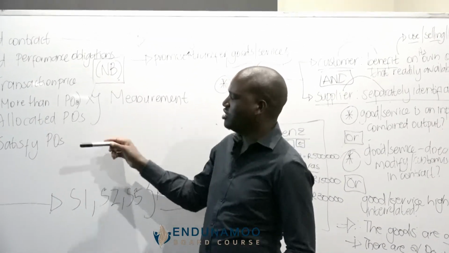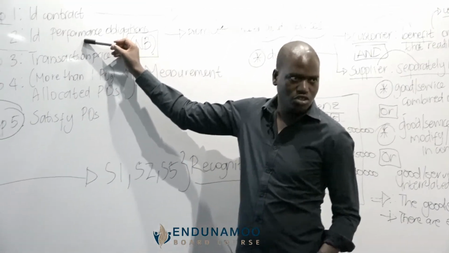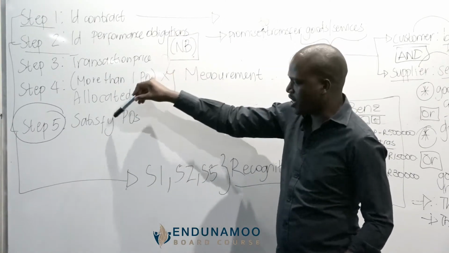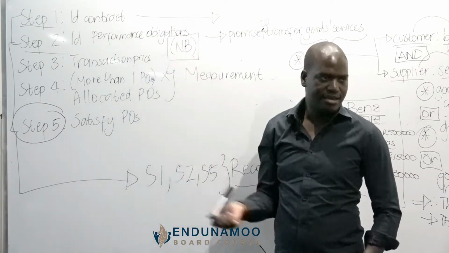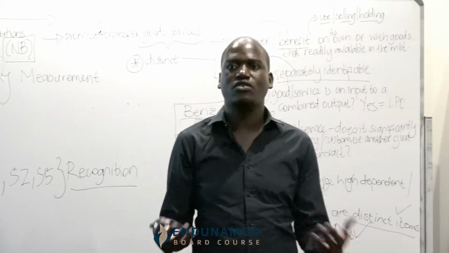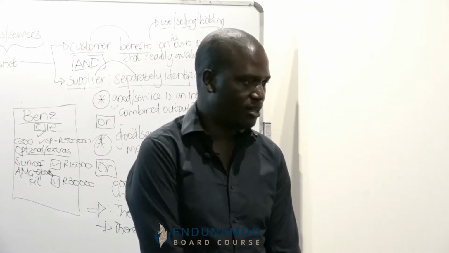But they knew that you cannot talk about this step unless you know how many obligations you've got altogether. So even though the question was not explicitly talking about step 2, the majority of the marks were sitting here. Because essentially, what will you talk about if you have not identified whether there's 1 or 2 performance obligations to fulfill? Is that clear?